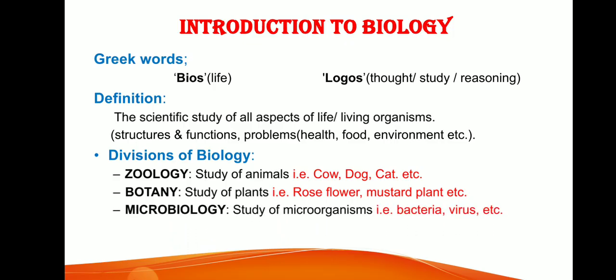And third one is microbiology, and the word micro means small, tiny, and biology means study of life. So the study of tiny organisms, which are named as microorganisms, is called microbiology, and microorganisms include bacteria, viruses, etc.